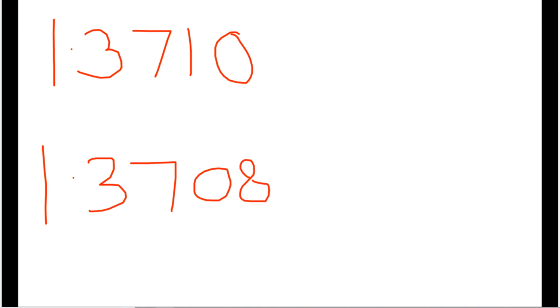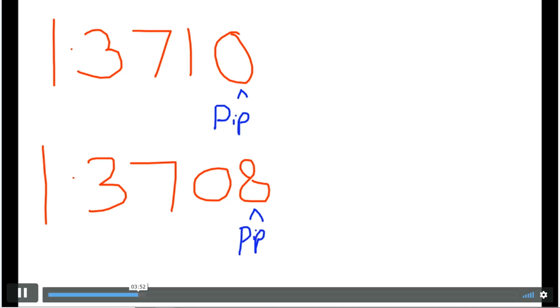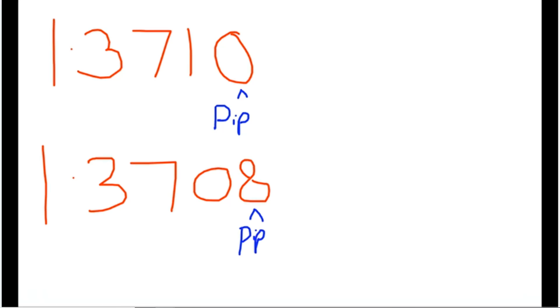Right, guys, the 4th decimal place, this is the pip. The 4th decimal place, 1, 2, 3, 4. With that being said, if your USD dropped from 1.3710 to 1.3708, guess what? It's decreased 2 pips.